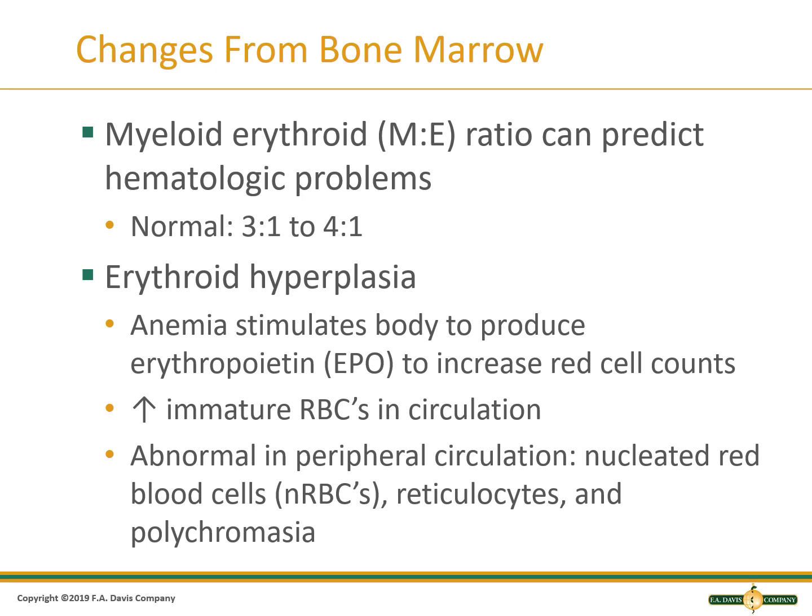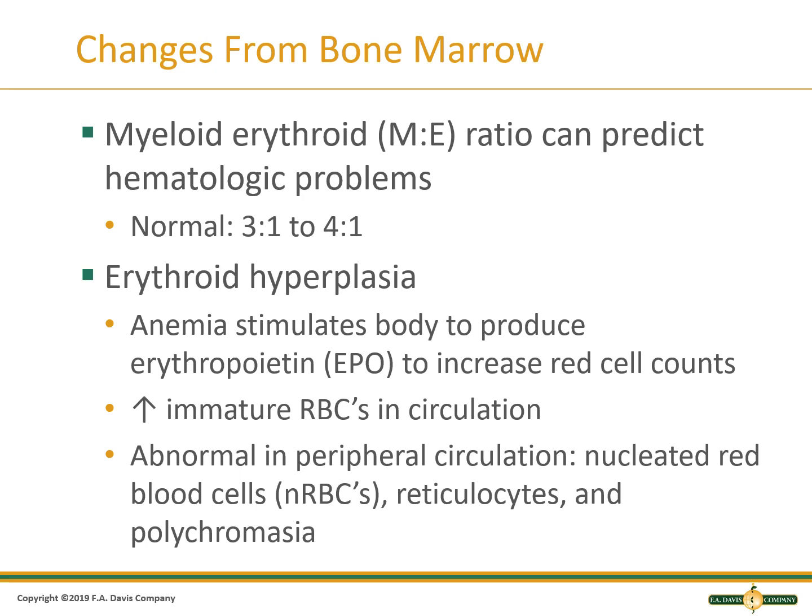So if that ratio is off, then it can cause erythroid hyperplasia, which means that if there's some sort of anemia happening in the body, the anemia stimulates the body to produce more erythropoietin, or EPO, and that is to increase the red cell count. So the body is aware that the red count is low, it needs to be increased, and so there is an increase in the immature red blood cells in the circulation of the peripheral blood.